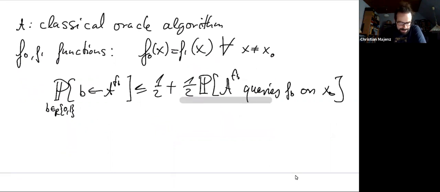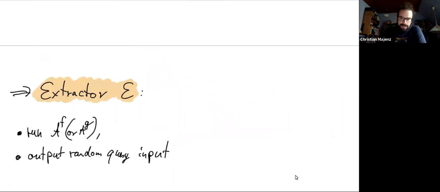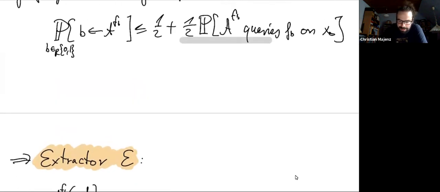What this enables us to do is to construct a so-called extractor. An extractor is supposed to extract this marked input, the special input x0. How does it work? It just runs A with oracle f1 or f0, and outputs a random query input. This succeeds with probability 1/q times the probability that A actually queries that input.